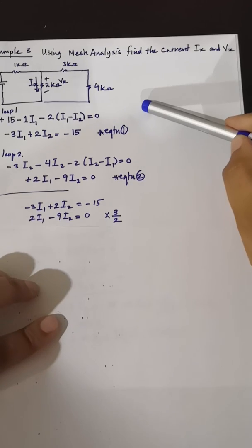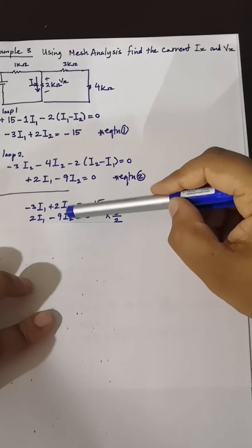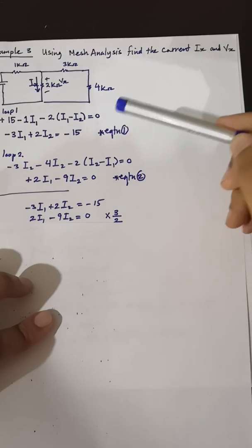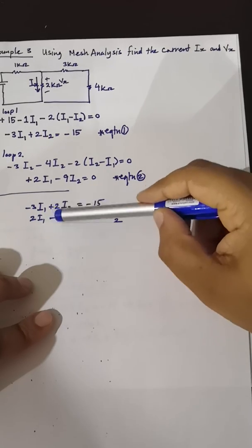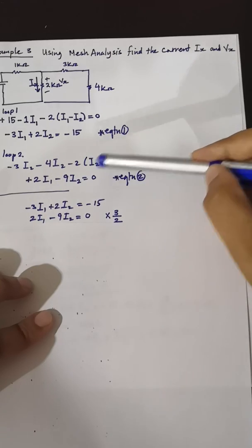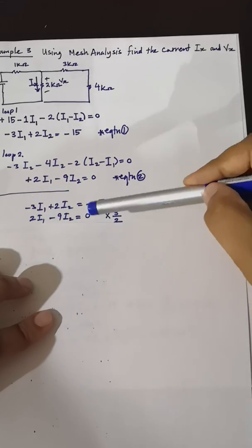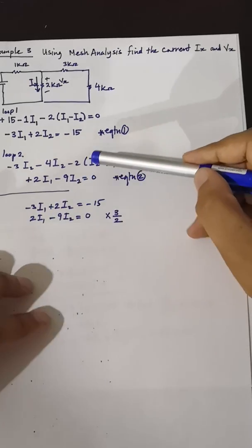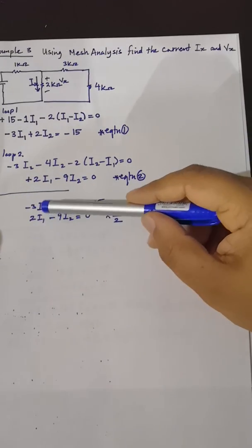Now I have a system of two equations. And I need to solve both of them. I need to solve to find I2 and I1. So in this system, if I add them together, I will not cancel any one of them. I will not cancel I1 and I will not cancel I2 as in the previous example. So I have to change one of the currents.